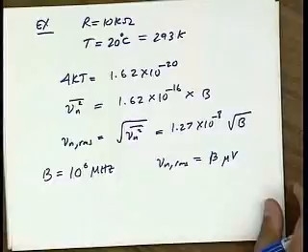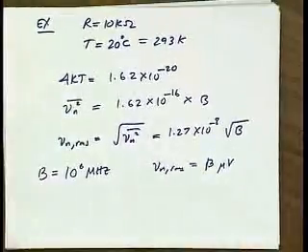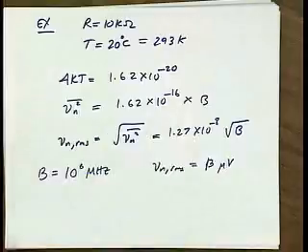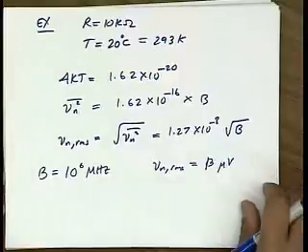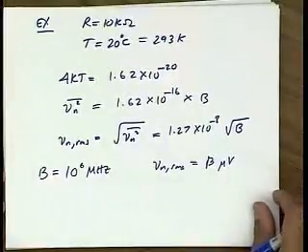Okay? And that's a pretty sizable voltage, right? You can imagine doing an experiment or putting an antenna up in the air and picking up a voltage on the order of microvolts. So this noise actually is pretty important. It can be very important. Questions?